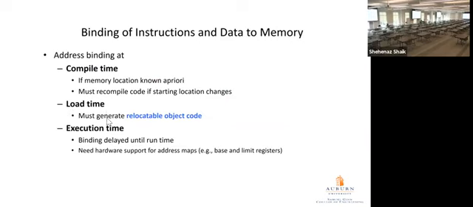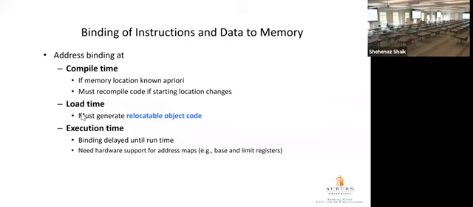At that time, naturally, we will know exactly starting from which memory location the process is going to be loaded. So we should be able to convert the relocatable addresses to the actual physical addresses, or the absolute addresses in physical memory. That is how we can perform the address binding at load time.